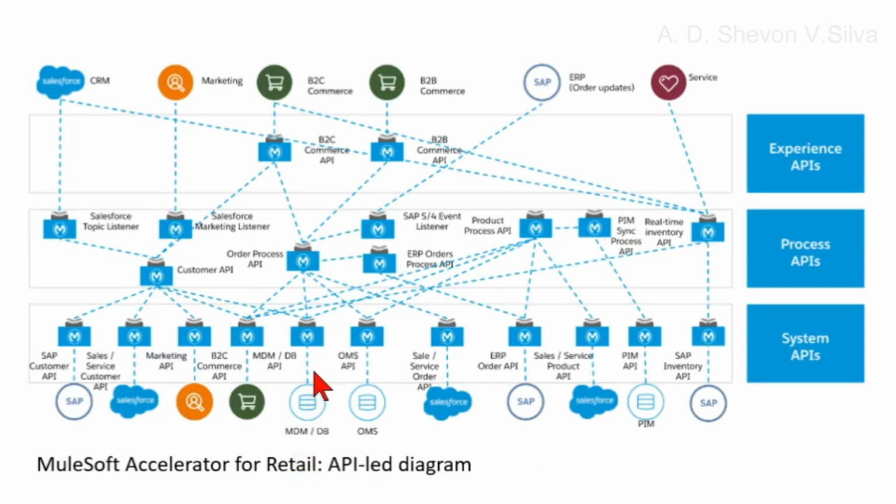RCG MDM system API. This integration template implements the MDM system API specification. This is a system API for a master data management system, MDM, to manage parties, party roles, contact points, and externals.